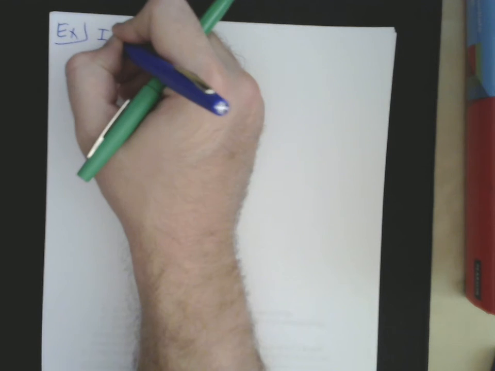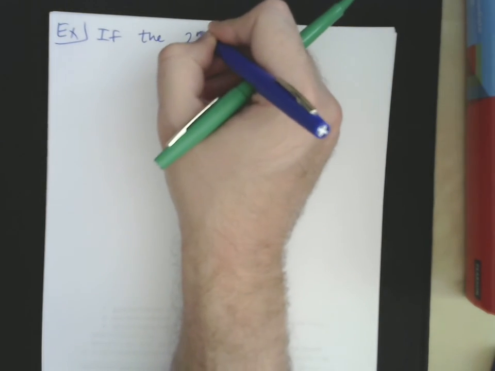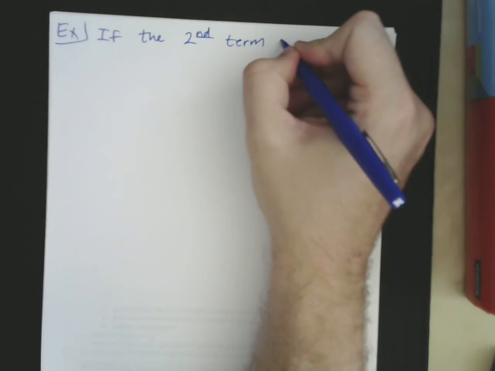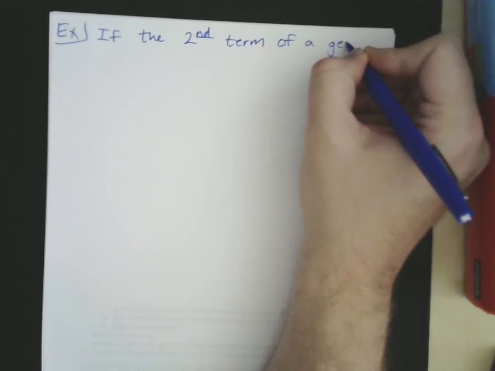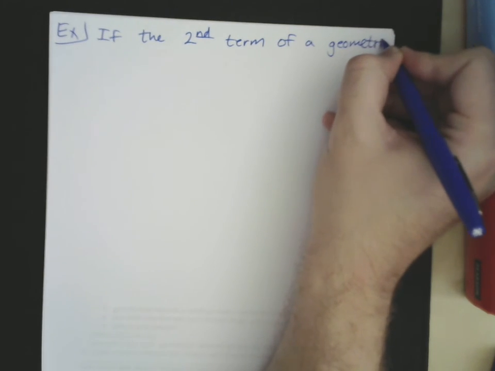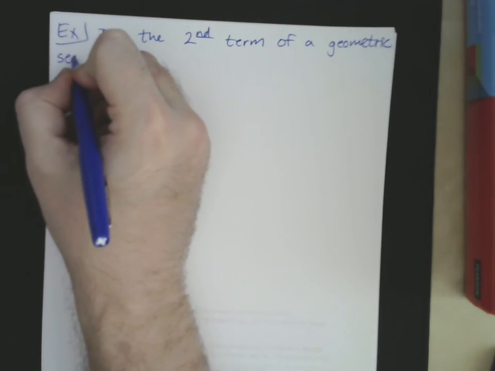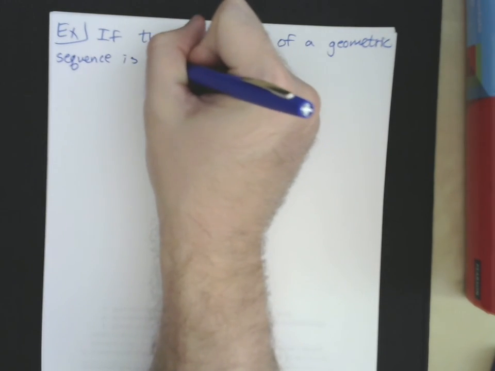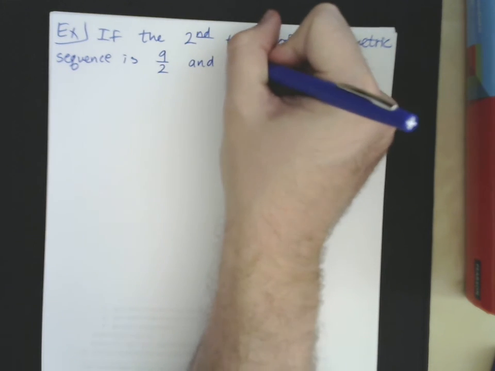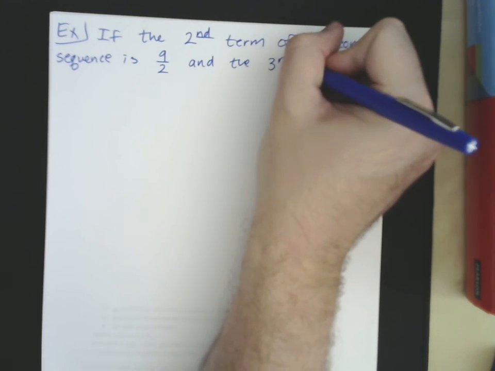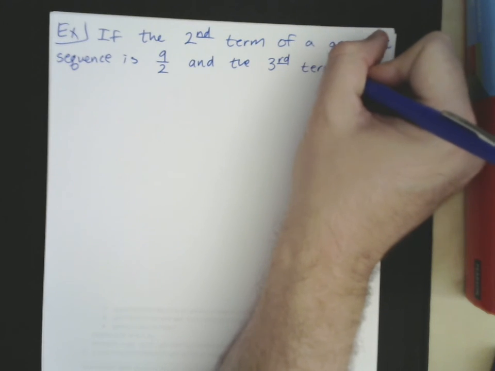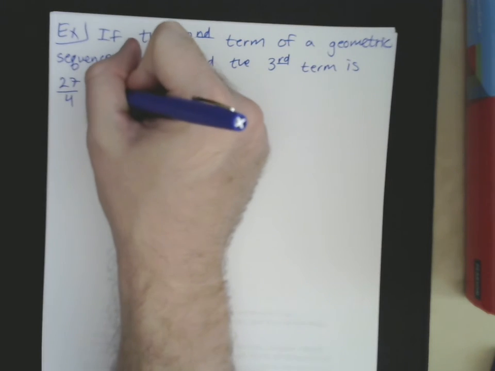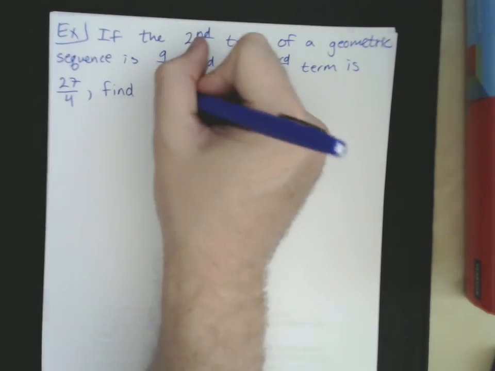So if the second term of a geometric sequence is 9 over 2, and the third term is 27 over 4, find a sub n.